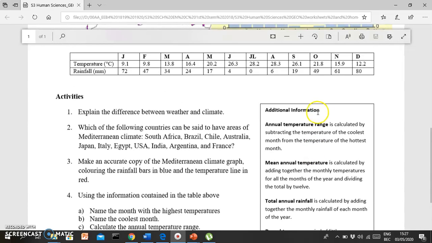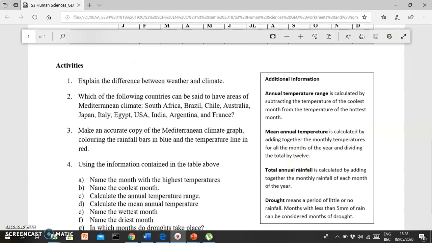So this means that, for instance, the hottest month is this: 28.3 minus the lowest temperature. Which one is that? 9.1. So if you subtract 9.1 from 28.3, you have the annual temperature range.